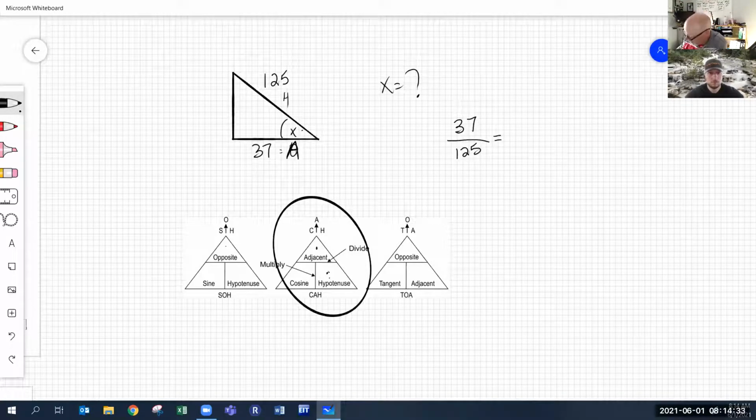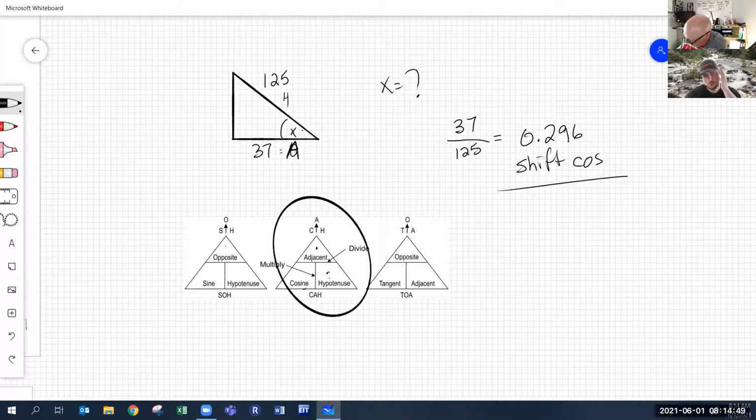So 37 divided by 125. That comes out to 0.296. And now I have to hit the shift and it says cosine. And my angle is 72.78 degrees.